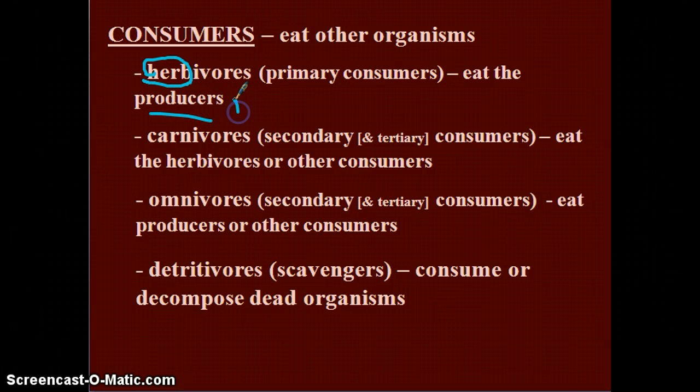They eat plants, herbs. They eat plants. If you look at carnivores, carnivores eat herbivores or other consumers. Omnivores eat both, and detritivores are the scavengers like bacteria, vultures that feed off of others.